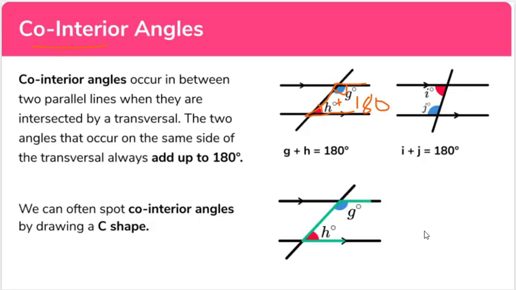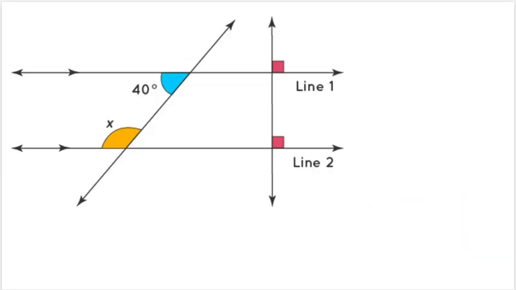So for co-interior angles, you can either say a C shape or a U shape.